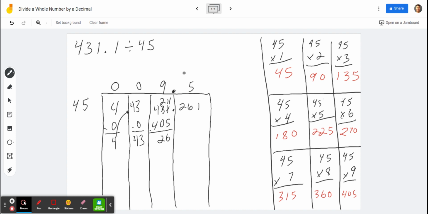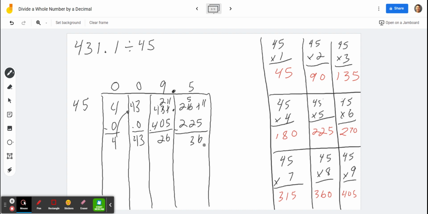Multiply those. 45 times 5 is 225. And again, subtract to find the difference. All right, so we can't do that yet. We're going to have to borrow. So this will turn into an 11, and this will turn into a 5. And now I can subtract. 11 minus 5 is 6, and 5 minus 2 is 3. So now we have 36.